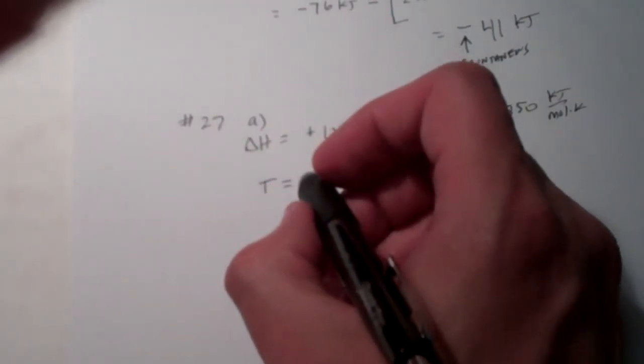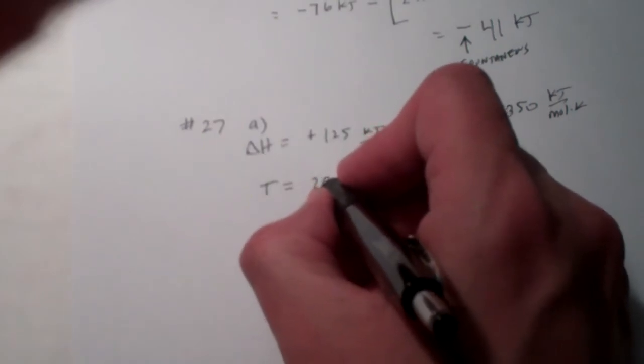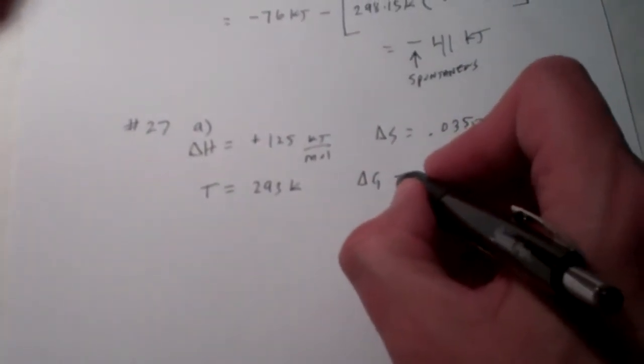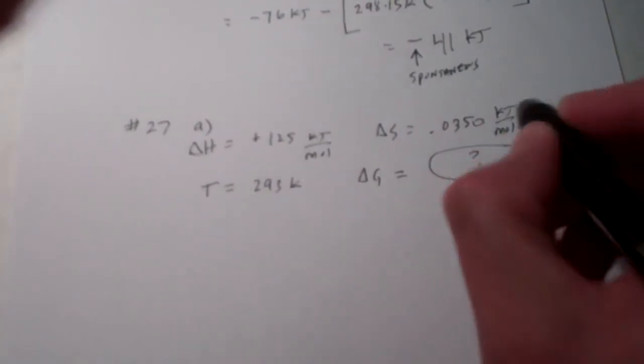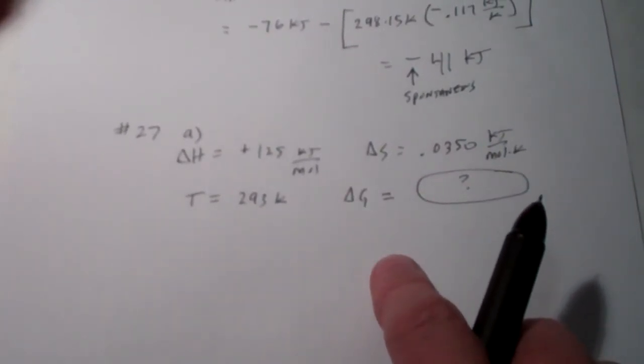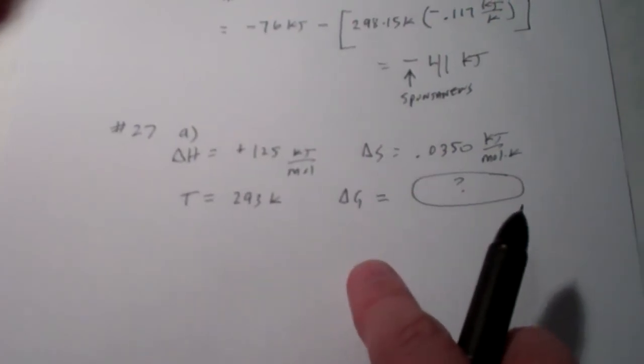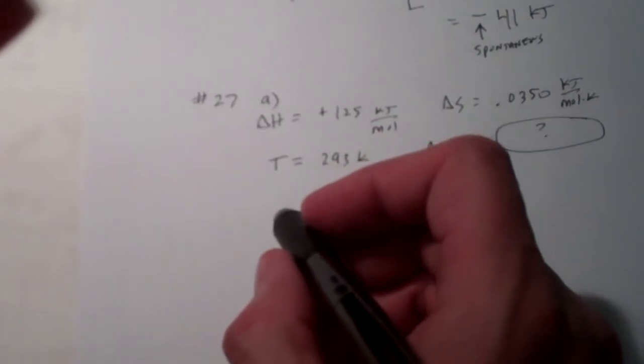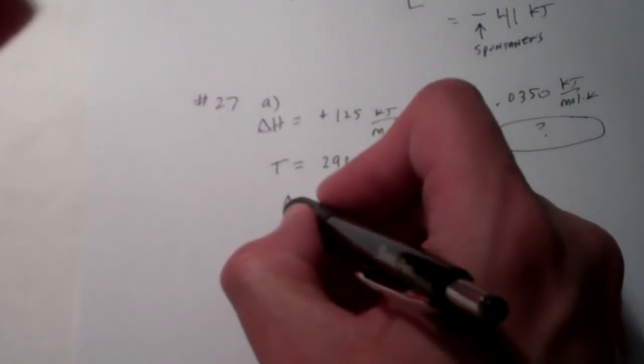The temperature of this reaction is 293 Kelvin, and we are asked again to find the free energy of this reaction and then to determine the spontaneity. So once again, pause the video, try it yourself. Okay, we're back. Let's see what we end up with.